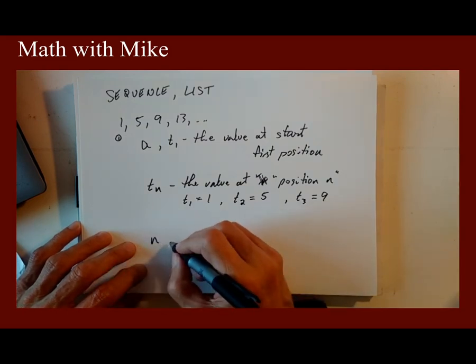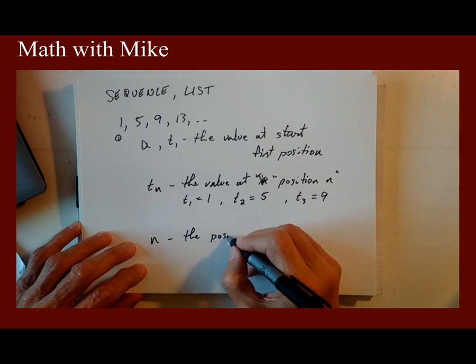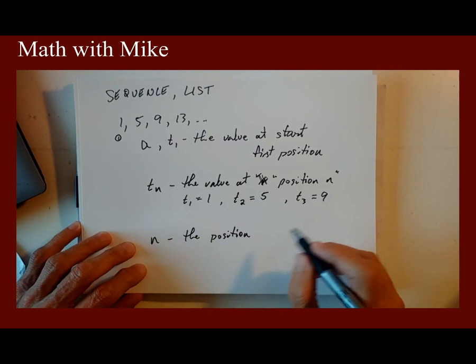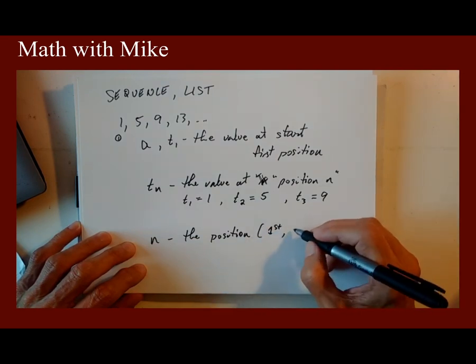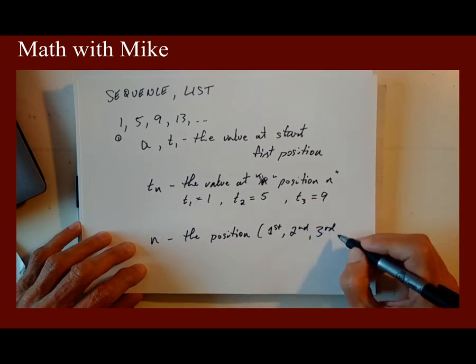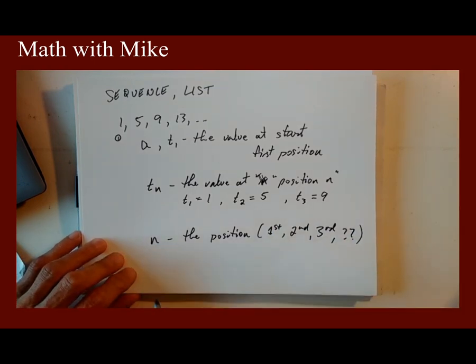The n, this is the position, or in other words, the location in the list. So are you in the first spot? Are you in the second spot? The third? Where are you? That's what n does for you.